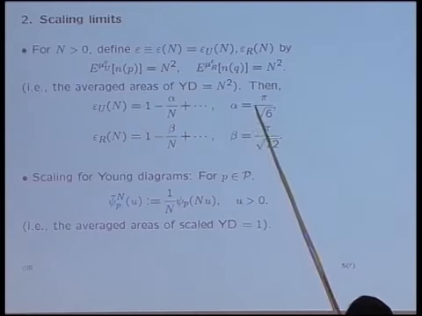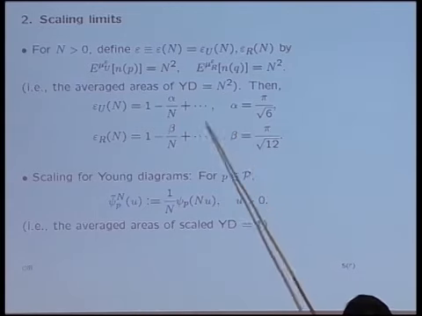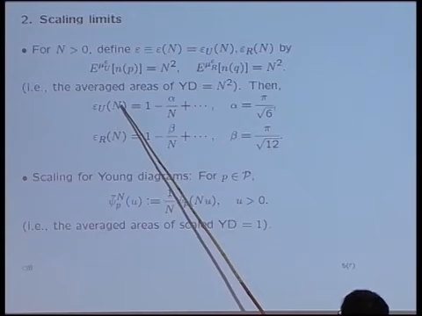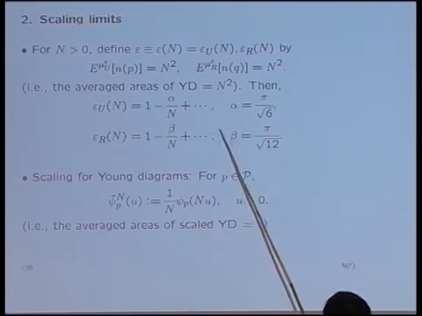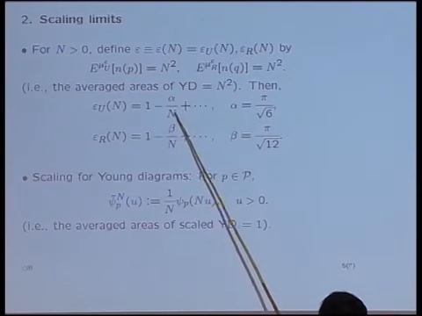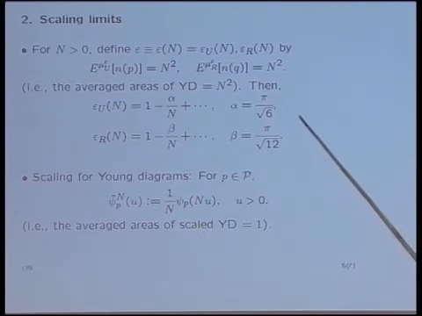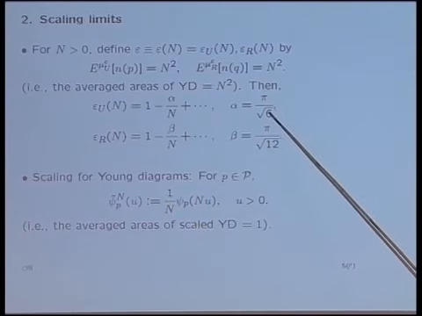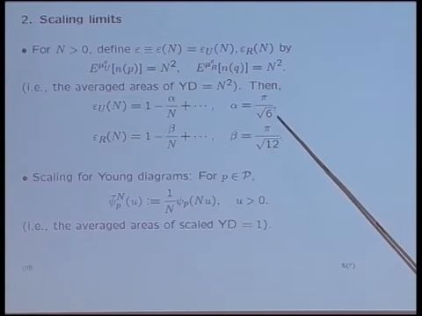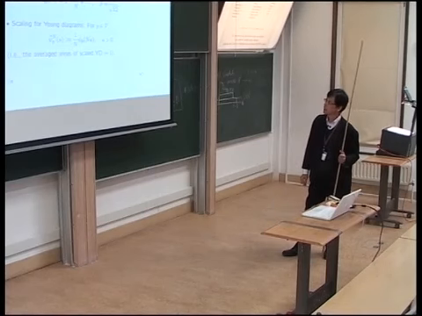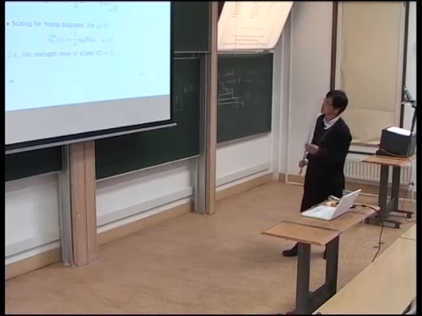Then we can see that epsilon behaves like 1 minus alpha over n plus next-order terms. You can derive this constant by using the Hardy-Ramanujan asymptotics.